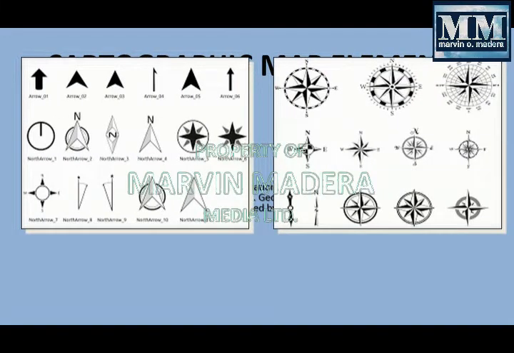So we have here the representation of a meridian arrow. Other maps also represent the true north, the geodetic north, and the compass north. But for most general use maps, they only represent a meridian arrow like this.